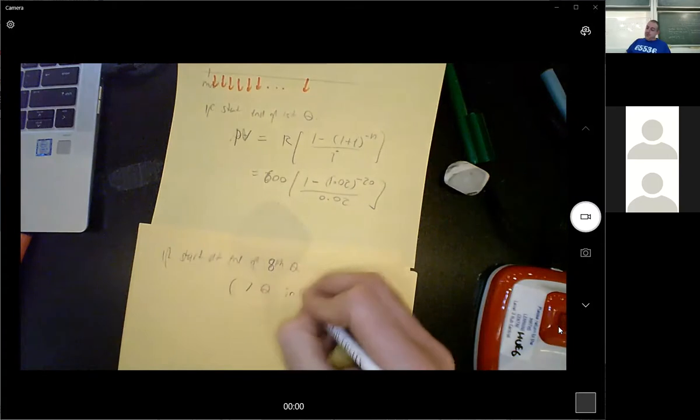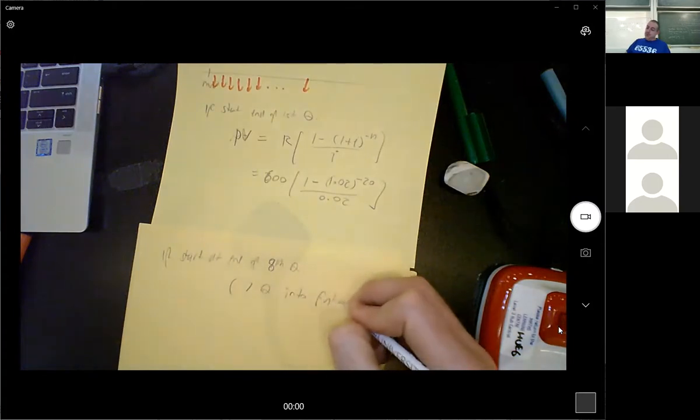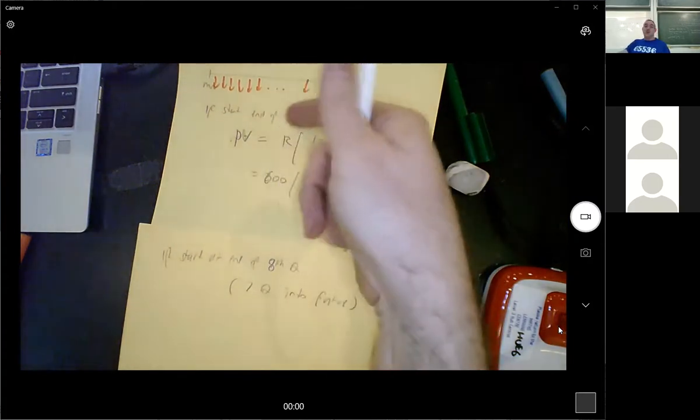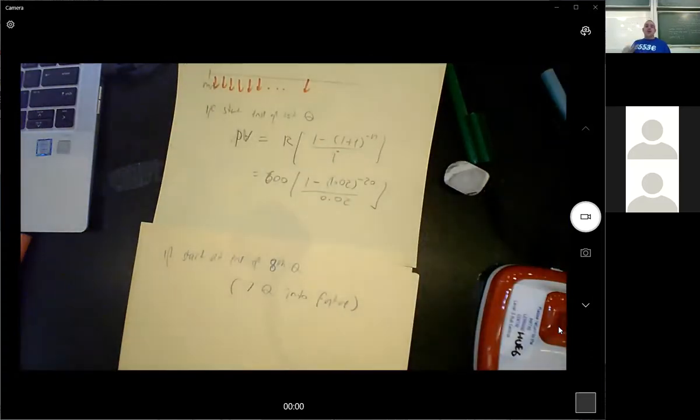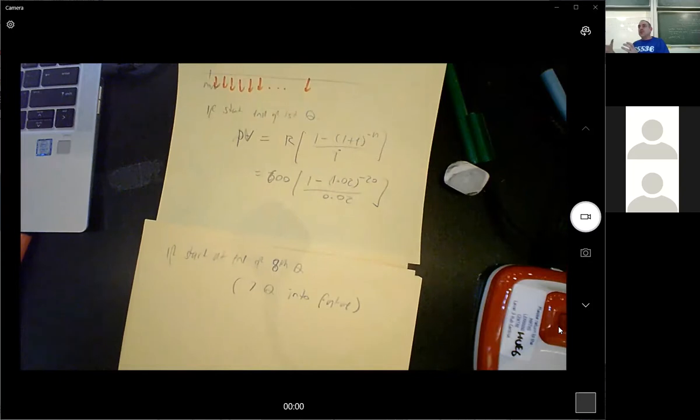That's the difference between these: the end of the 1st quarter and the end of the 8th quarter, 7 quarters difference. Then everything will have to be discounted 7 quarters into the future.